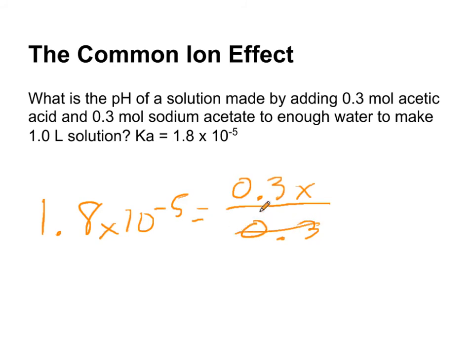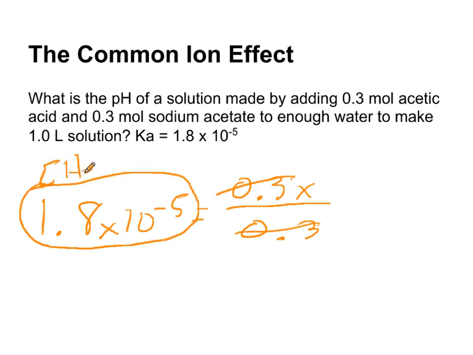Well, this one's easy to do. The 0.3's cancel out, so x is equal to 1.8 times 10 to the negative 5th. That's my hydronium concentration. Well, the question asked me to find the pH, so I just have to take the negative log of the hydronium concentration. The pH of this solution turns out to be 4.74.